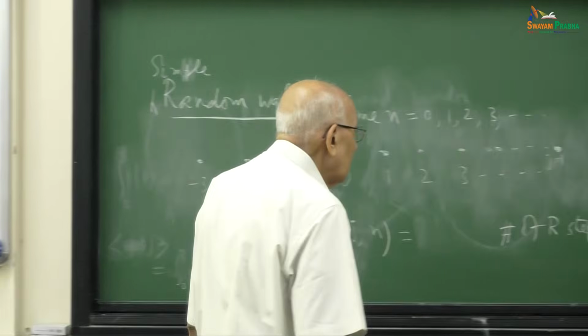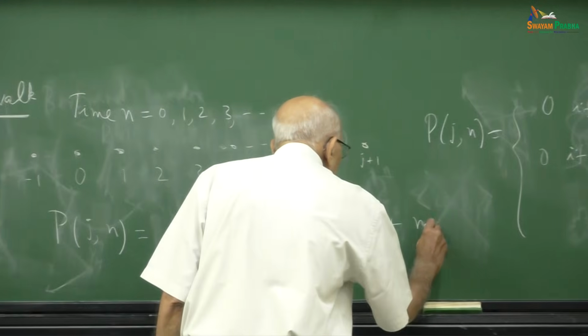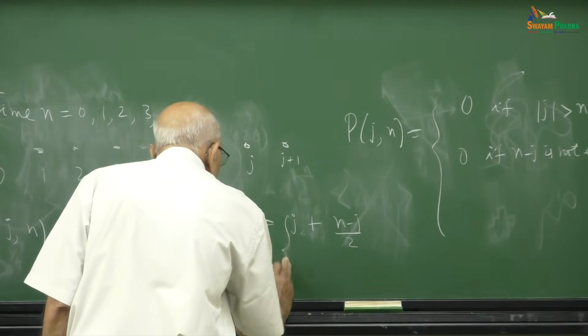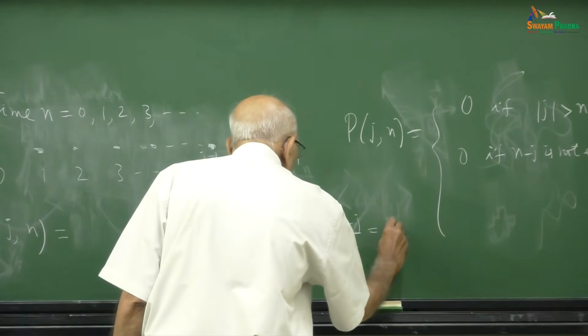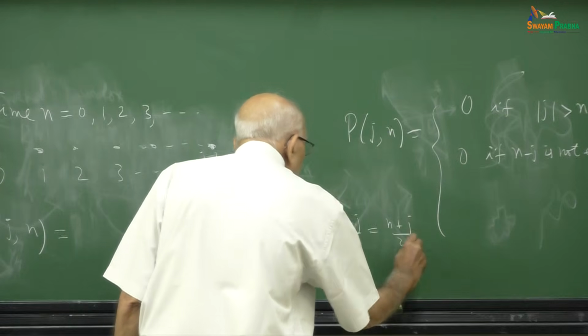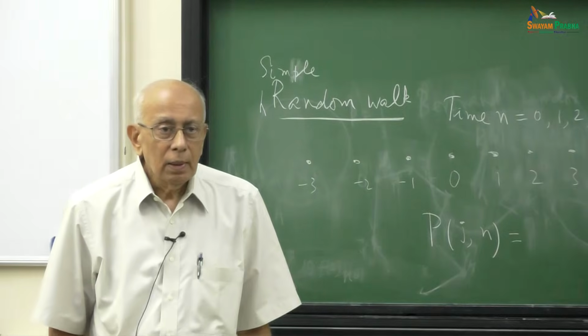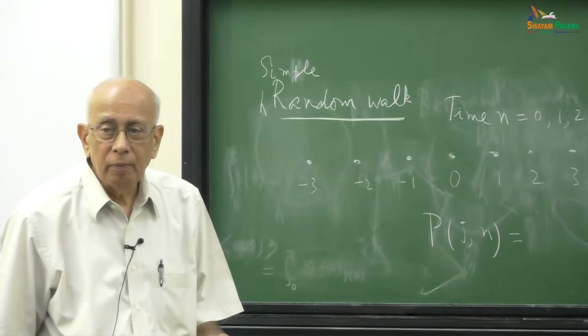Therefore, this is the number of R steps. This is equal to n plus j over 2. How many left steps do I need?